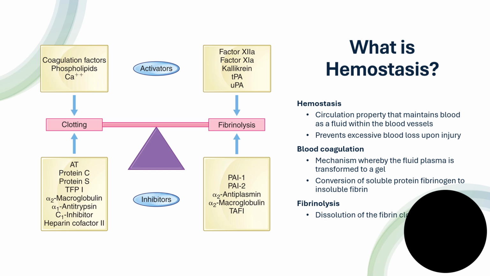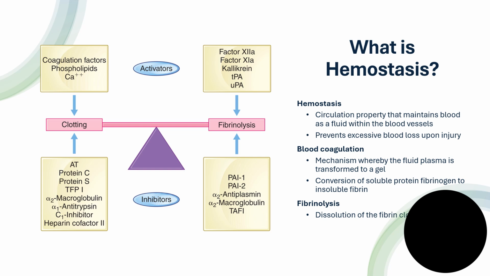So when we talk about hemostasis, we're really talking about the property of circulation that maintains blood in a fluid-like state within those blood vessels, and under normal circumstances, the ability to prevent excessive blood loss during injury.